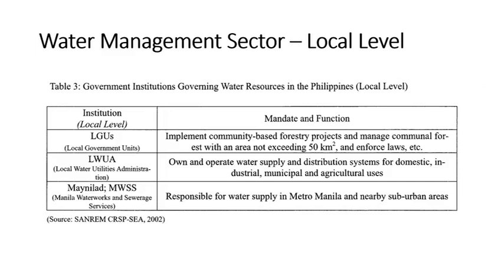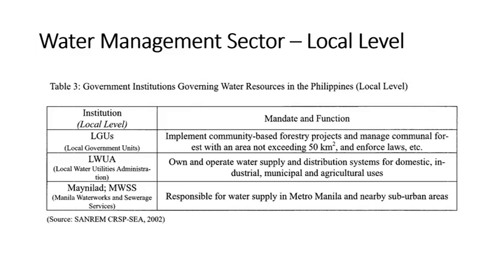So you have your LGUs, your LWUA, and your Maynilad, MWSS, and Manila Water. So LGU is in charge of community-based forestry projects with areas not exceeding 50 square kilometers.